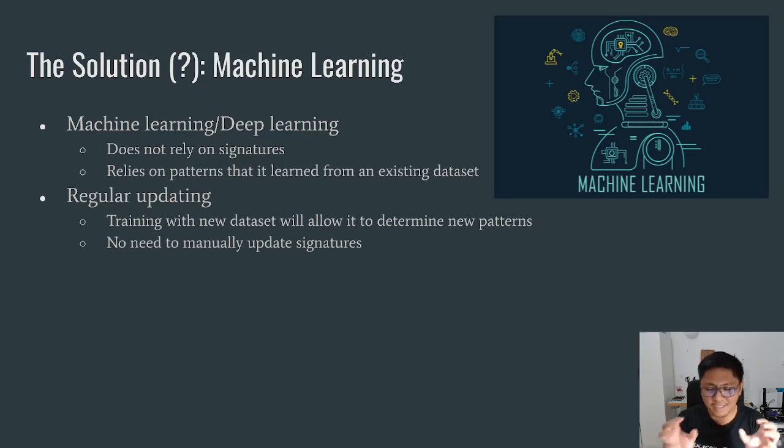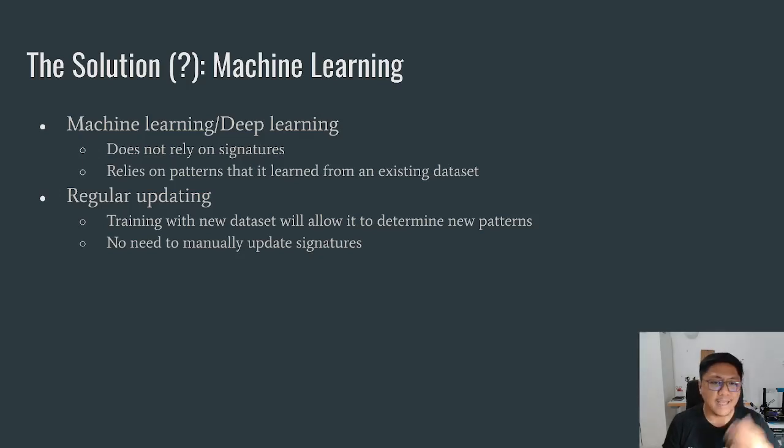let's say, for example, specific bytes have moved quite a bit, the orientation has changed, the machine learning model can still and should still be able to see these small minute changes in patterns. And since it's a machine learning model, we can also automate this process by having regular updates of the training data.